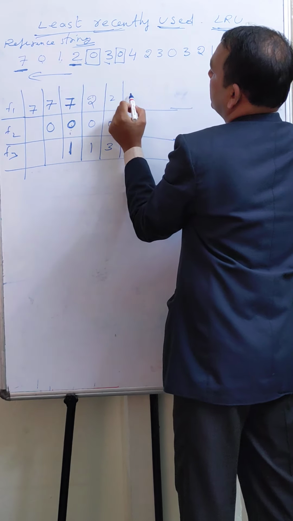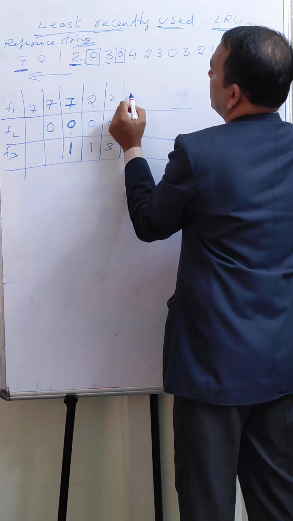Next 2. Again page 2 is wanted by the CPU. Let us check. 4 is recently used, 0 is recently used, but 3 is least recently used, so we replace it with 2. This is done. So in place of 3: 4, 0, 2.